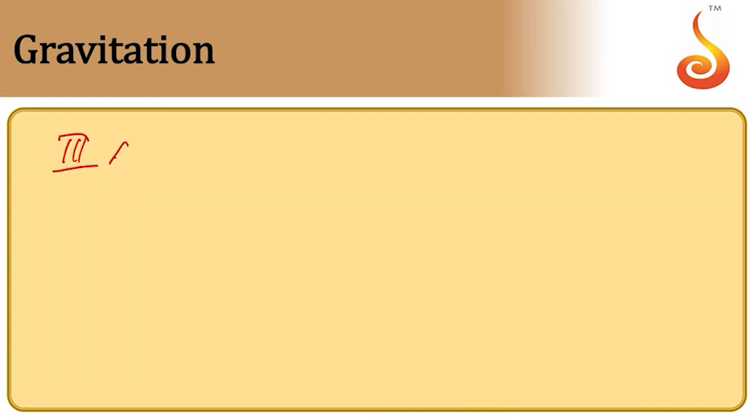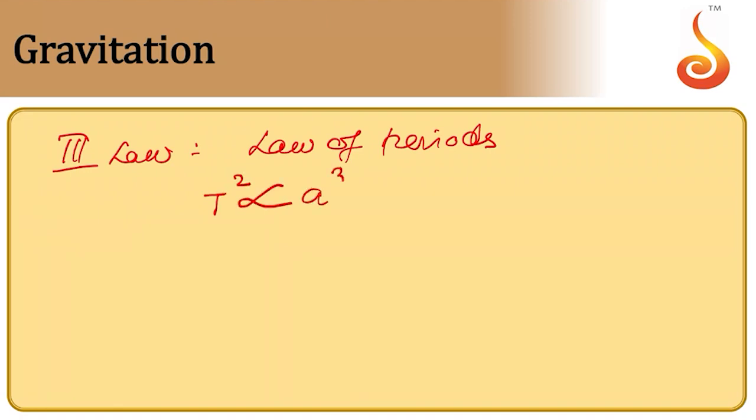The third law is the law of periods, according to which the square of the period is directly proportional to the cube of the mean radius. What is that A?